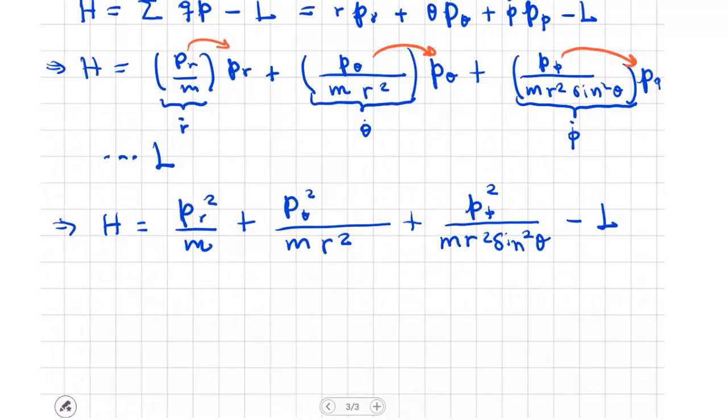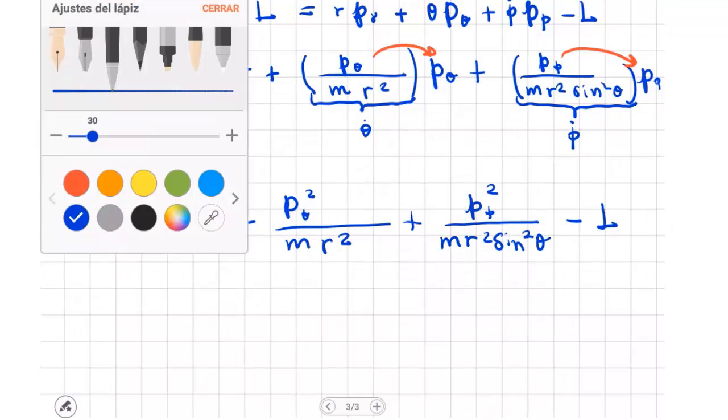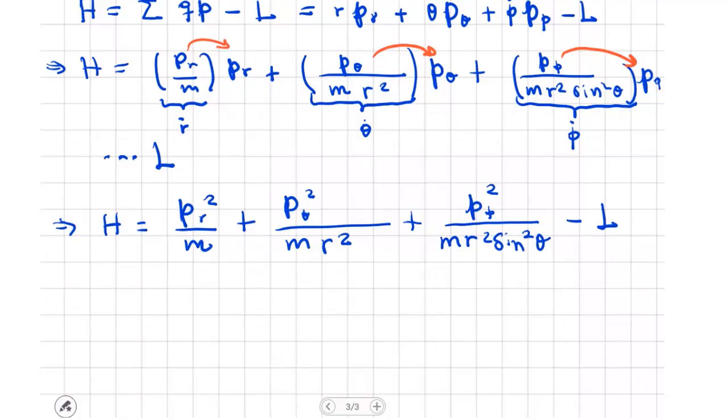But the Lagrangian, what is the Lagrangian? The Lagrangian is given in the problem. Okay? So the Lagrangian is given by the problem.